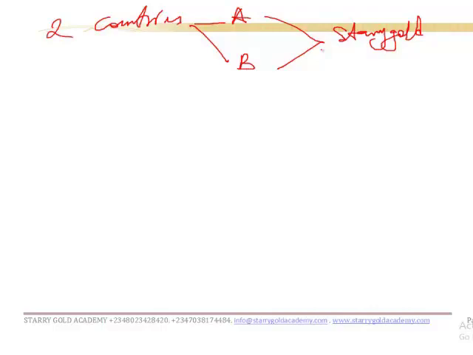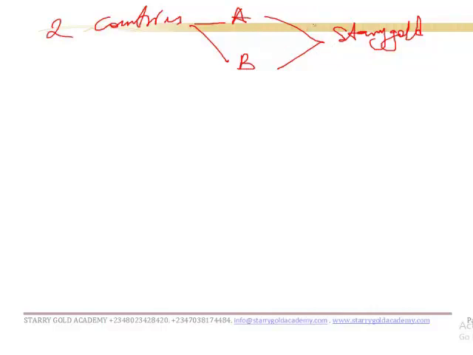And this is where a conflict or dispute arises. Tax conflict or tax disputes arise in this case because Starry Gold cannot pay to these two countries, because it has an implication if such should happen.